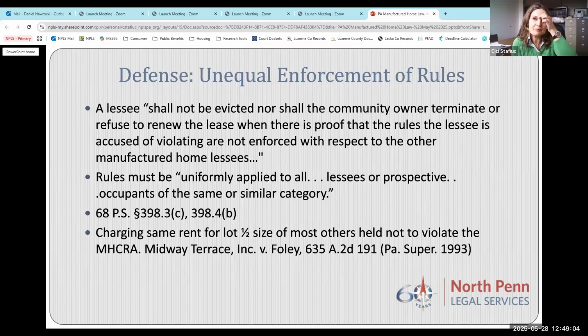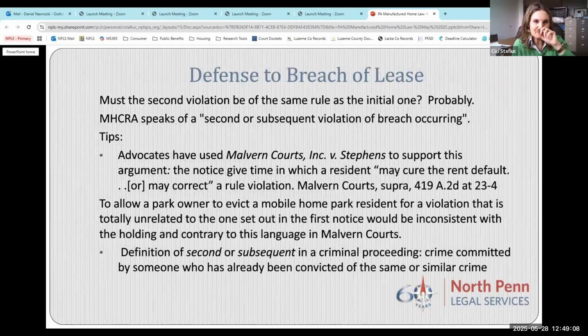And then I think also, if you can move to the previous slide, we tried to look for a definition of second or subsequent, and we found a definition in a criminal proceeding. So we're thinking maybe as a different way to approach this and convince the judge, because the definition in a criminal proceeding is a crime committed by someone who has already been convicted of the same or similar crime.